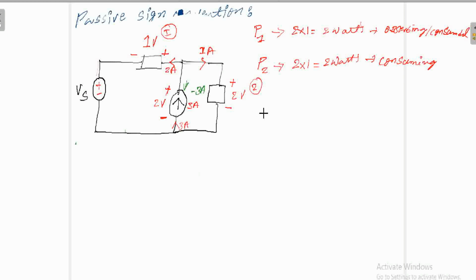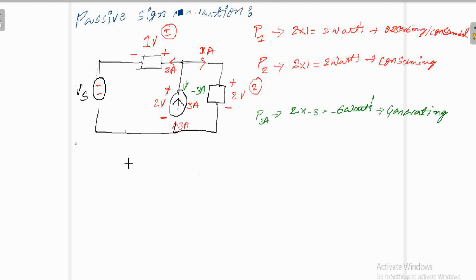So for minus 3 amps, the power of the 3 amps source: the voltage is 2 and the current is minus 3, that is equal to minus 6 watts. So this current source is generating power.